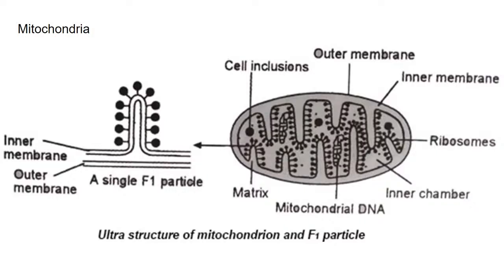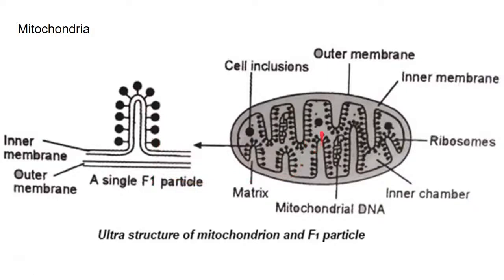In a small area, if you make a lot of folds or add a lot of smaller particles instead of one large block, it increases the surface area. And that's exactly what happens. It's highly folded inwards to increase surface area where more and more F1 particles can be attached, right?